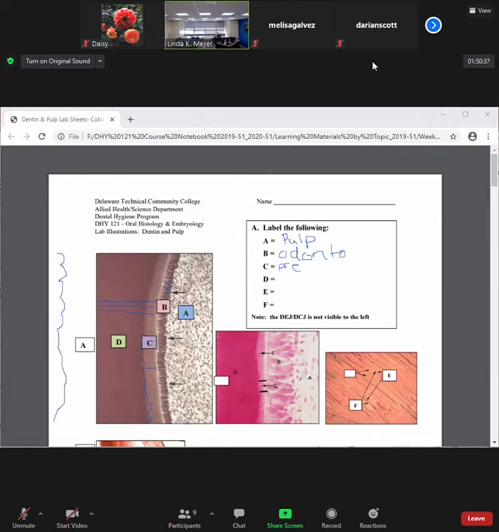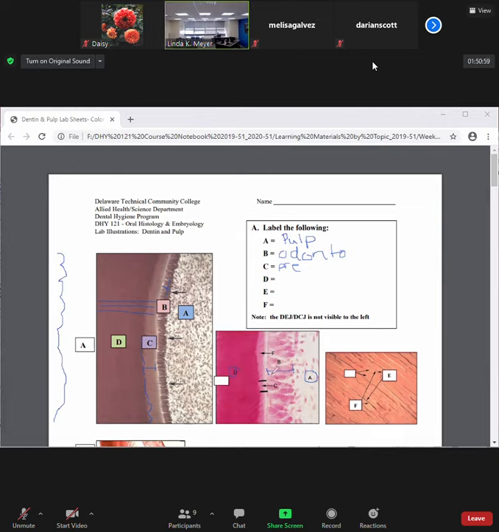So when we look at it at a higher magnification, it's the same. I can see here's the pulp tissue. Here B, these are the odontoblasts at a higher magnification. C is showing you the pre-dentin, and D for the dentin again.